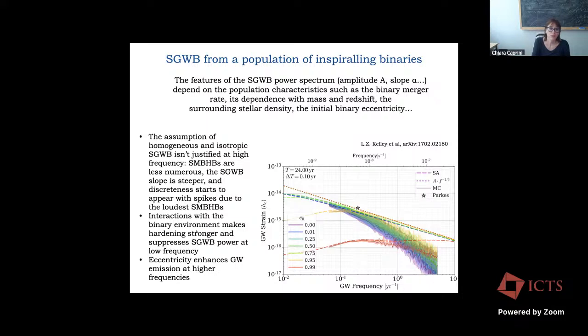Then, of course, there is the fact that the binaries are not isolated, but they can interact with the environment and have disk or stars coming by, and this makes the hardening stronger, okay?